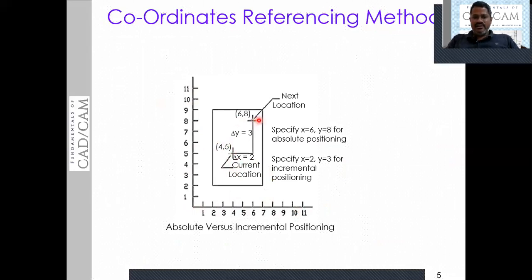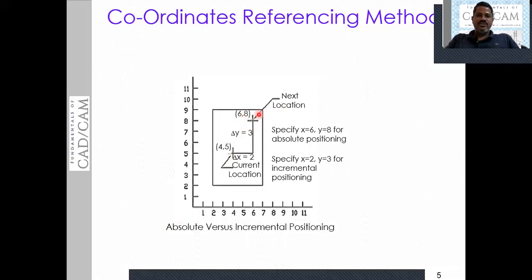Then you have another location. If you want to specify this location, initially the coordinates are 4 and 5 and the final values are 6 and 8. Assume that. So this 6 and 8 refers to the absolute position. As you can see here, 6 and 8 are referring to the origin point at this location. This is your current location. Now you are at this location. If you want to provide one more location, we call that the next location.